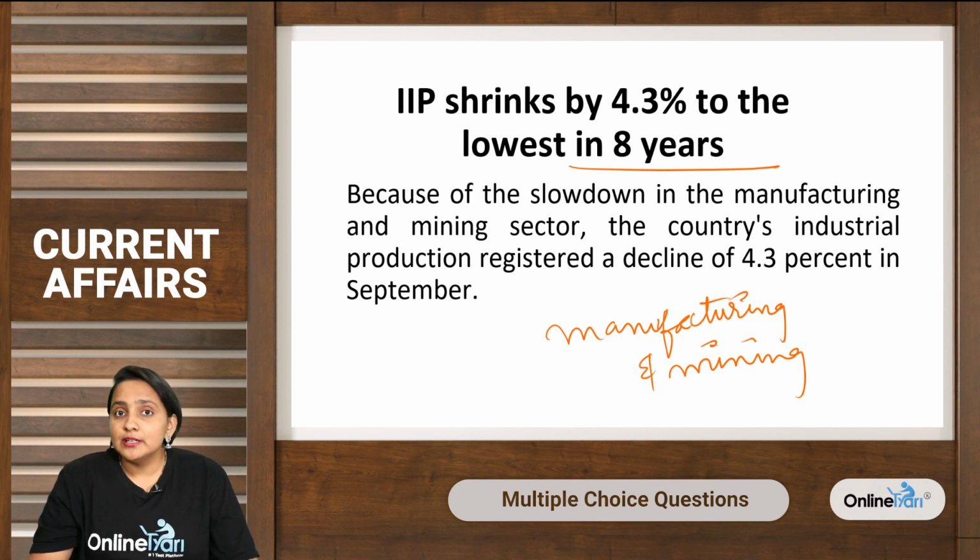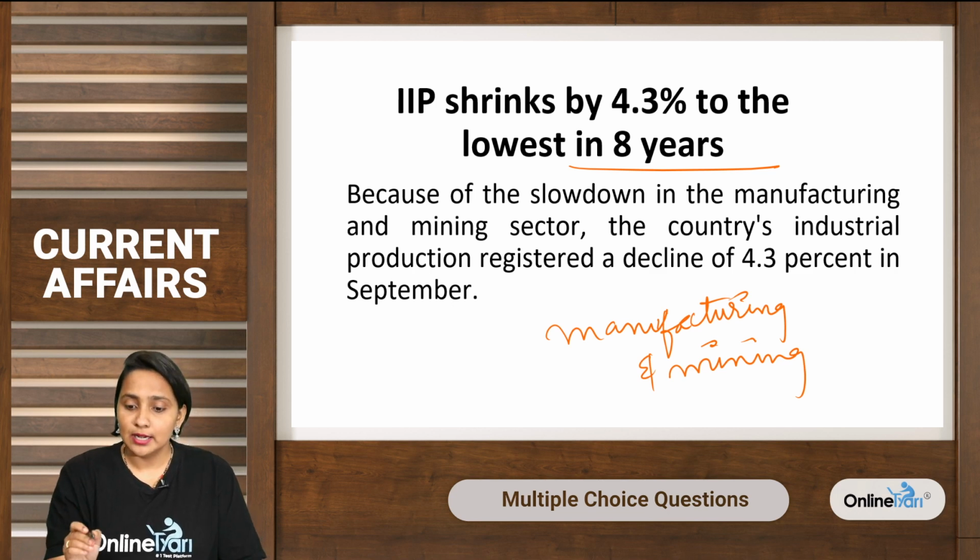So there has been a slowdown in manufacturing and mining sector. The country's industrial production registered a decline of 4.3% in September. In the month of August, the index of industrial production declined by 1.1%. In the last 8 years, this is the biggest drop. Last year in September, industrial production increased by 4.6% as per the data released by the Ministry of Statistics and Program Implementation.